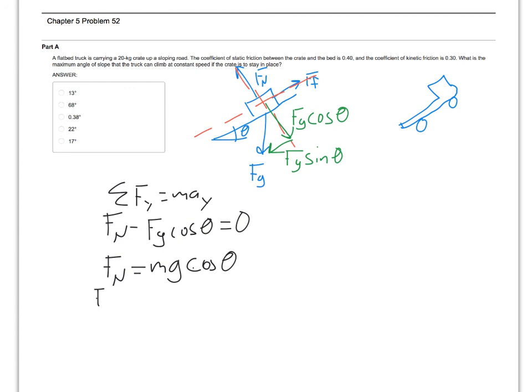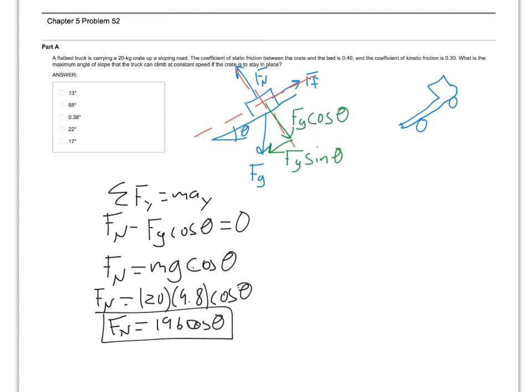So I can say my normal force is going to be 20 times 9.8 times cosine of theta, or if I multiply that out, that gives me a normal force here of 196 cosine of theta.